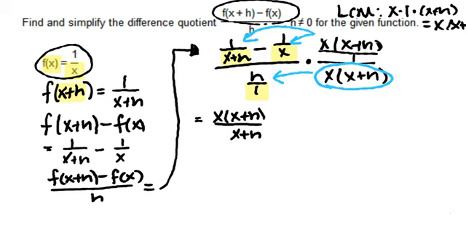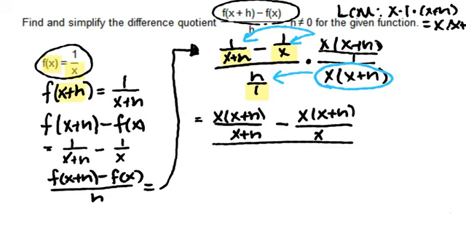We're going to do the same thing for the second term, and that's going to give us x times x plus h over x. And in the denominator, we're not going to use the distributive property. I'm going to leave this in factored form. That's h times x plus h.